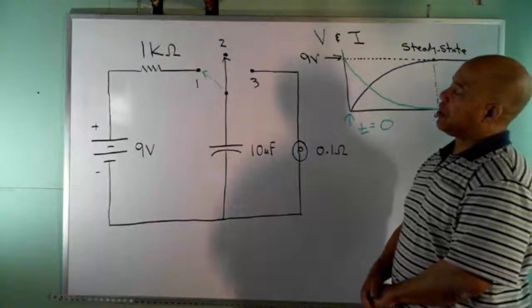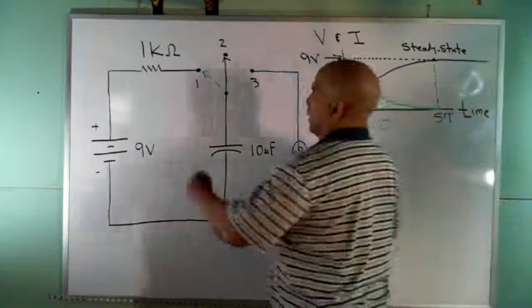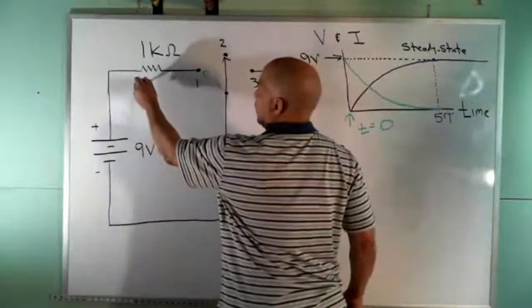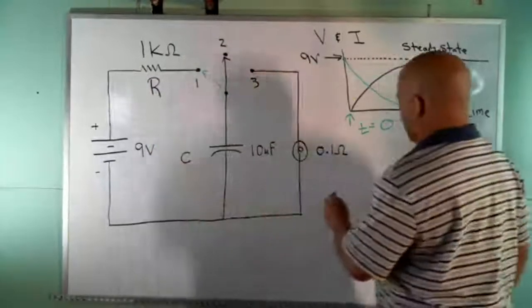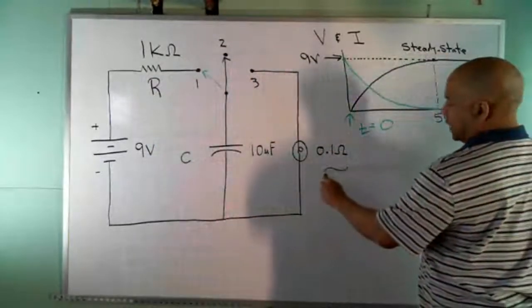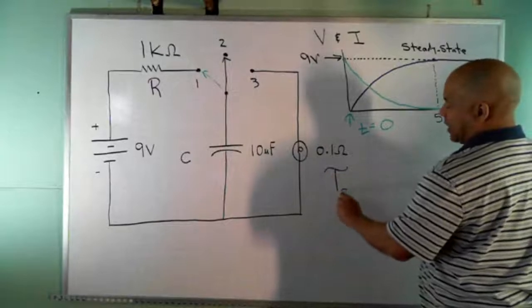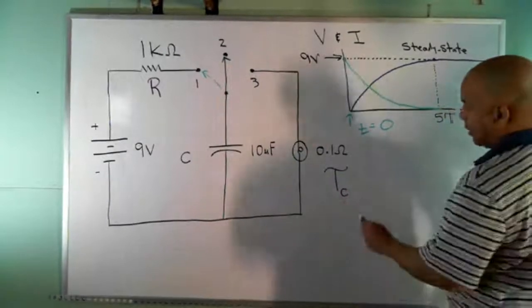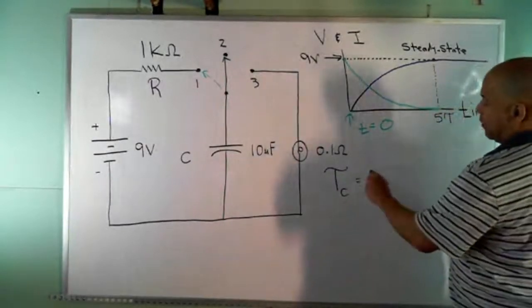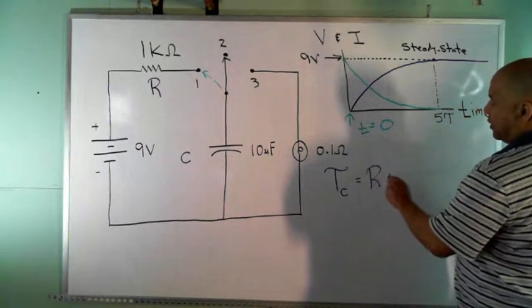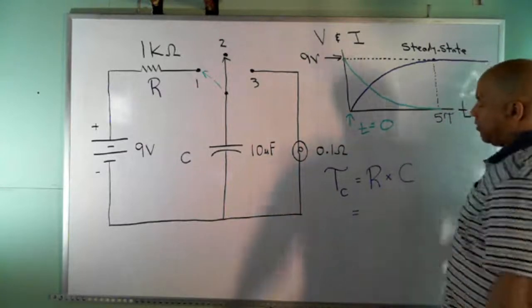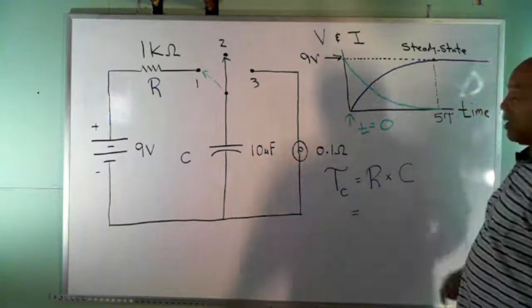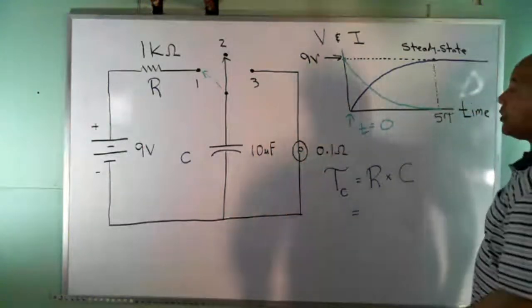So the time constant for charge, I need to go ahead and label this. It's just going to be the product of R and C. And you know from before that we call that tau. So tau, I'm going to call that tau C for charge. And that's going to be the product of R times C. And we showed you in the other video that when you take the product of R times C, you actually do get time in seconds.